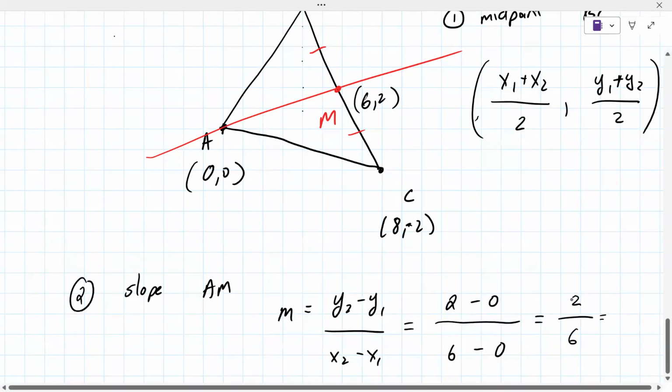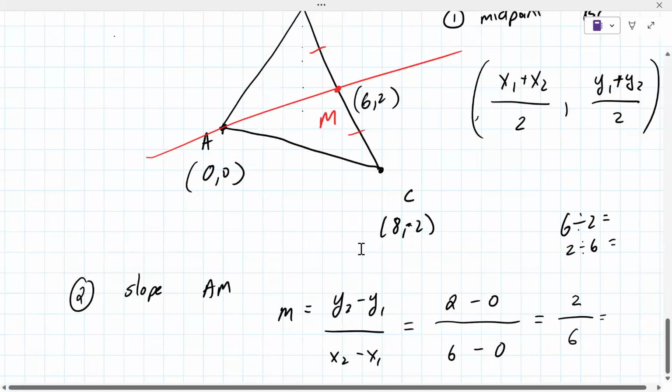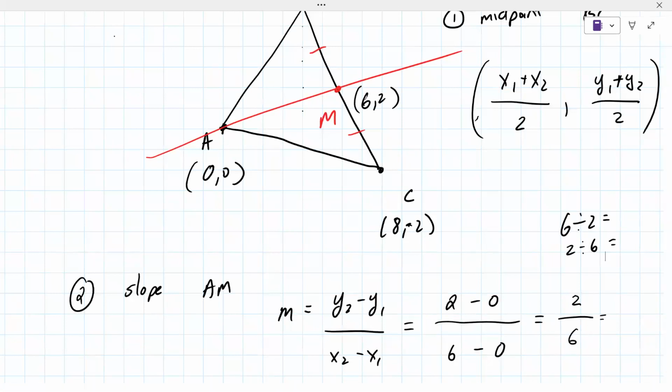Okay, 6 is on bottom. So 6 divided by 2, that is absolutely 3, but that's not what we're doing here. We're doing 2 divided by 6. The order matters. It's not like baking, right? You've got to mix things in the right order. You've got to preheat the oven. The order matters here. What does this reduce to?